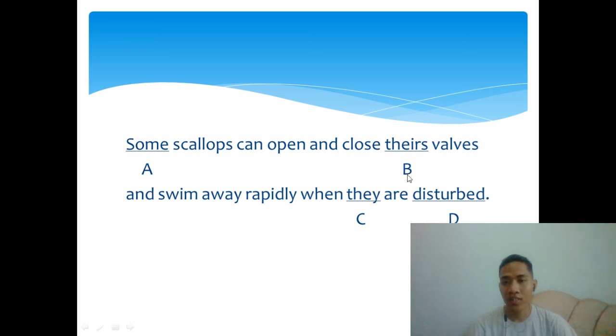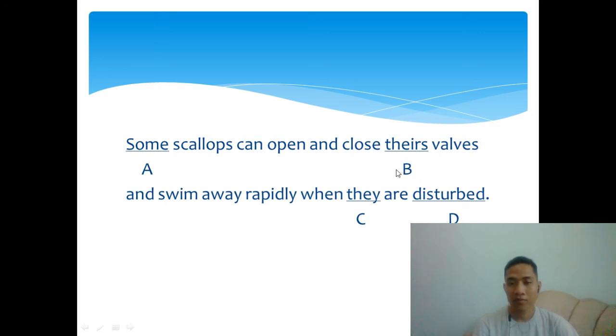Option B, theirs with S, is a possessive pronoun. Remember, a possessive pronoun cannot be followed by a noun, while in this sentence, theirs is followed by the noun valves. So we cannot say theirs valves. We need to omit S and say their valves. That's why the problem here is B.